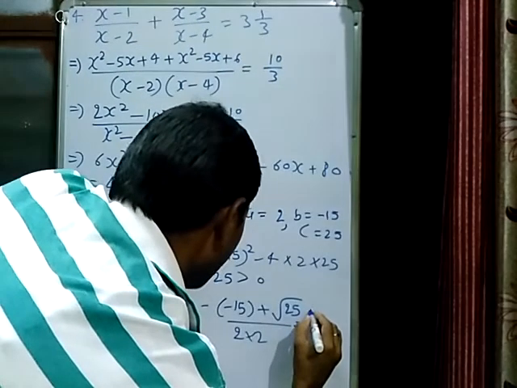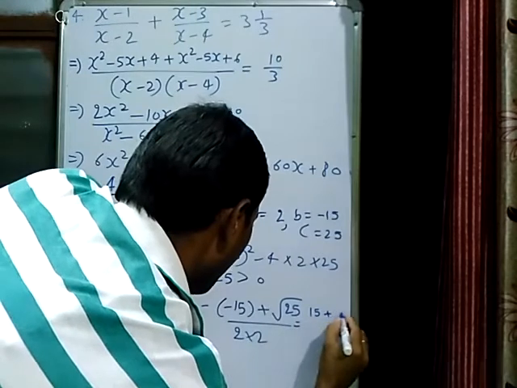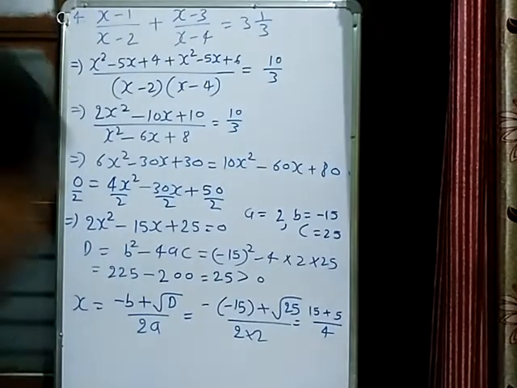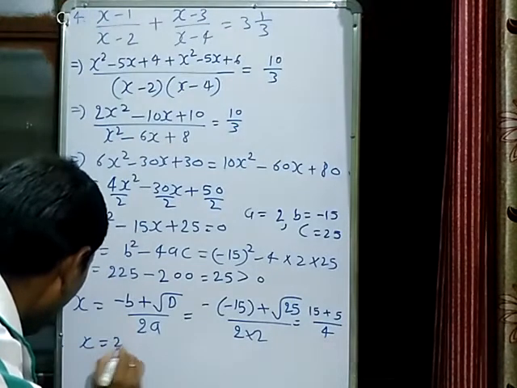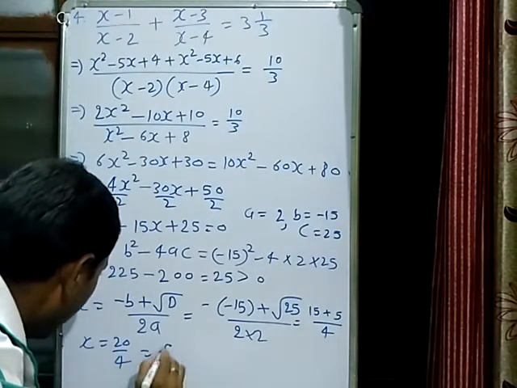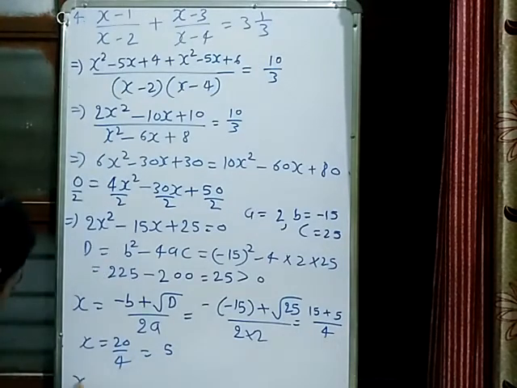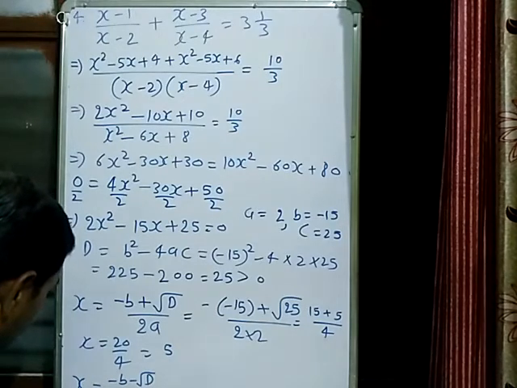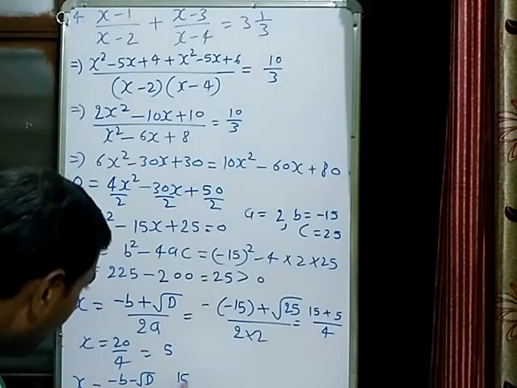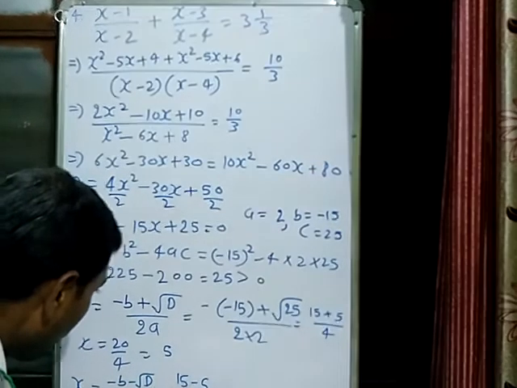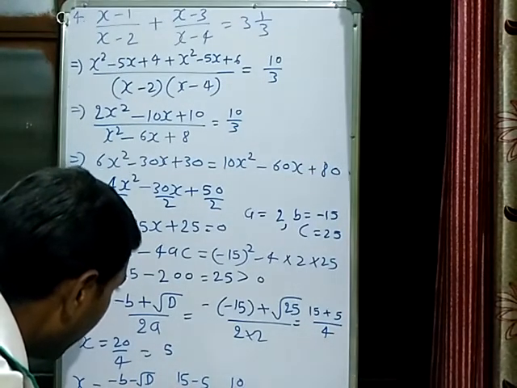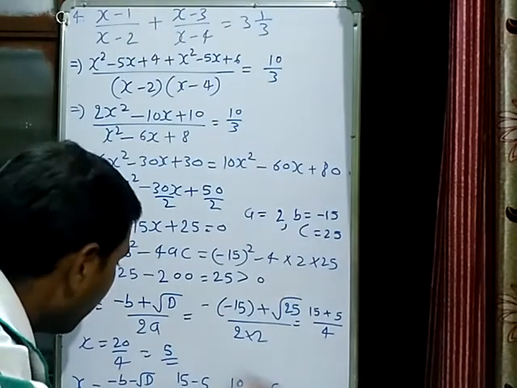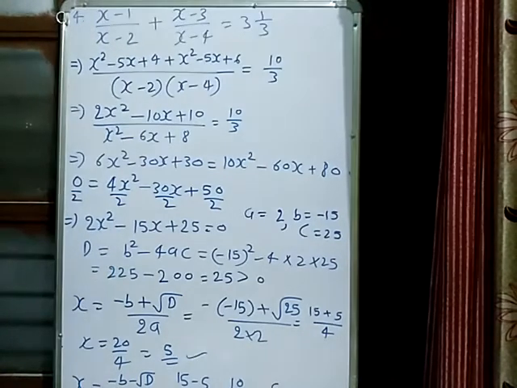So this is 15 plus 5 upon 4, which is 20 by 4, so the first answer is x equal to 5. Second, x is equal to minus b minus root D upon twice of a. Here it changes: 15 minus 5 is 10, 10 by 4, and its answer is 5 by 2. So the roots are 5 and 5 by 2.